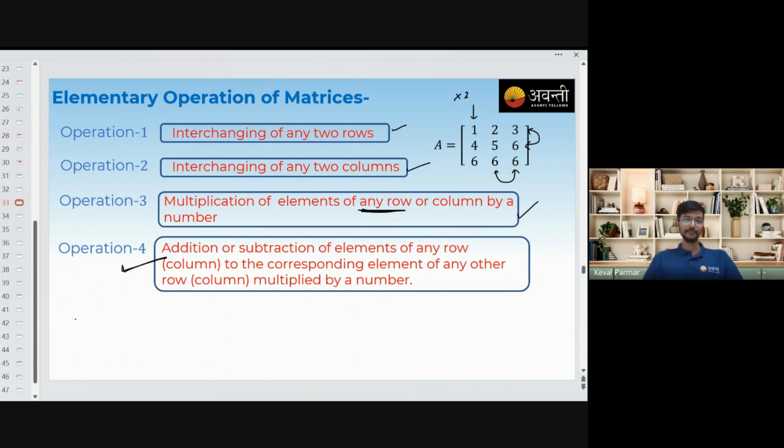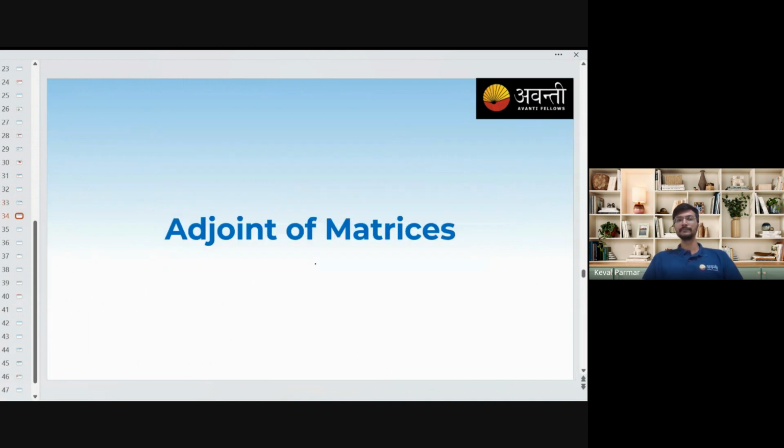Let's say, suppose I write R1 changes to R1 plus R2. Then in this matrix, who is changing? R1 is changing. So R2 and R3 remain the same. R1 changes to R1 plus R2. So add the corresponding elements. So we'll get 5, 7, 9. This is my answer. Got it, guys?